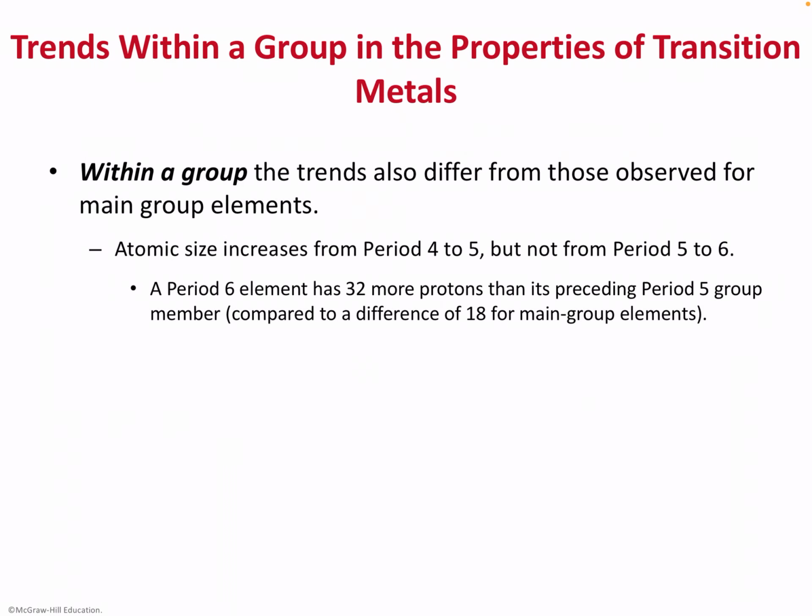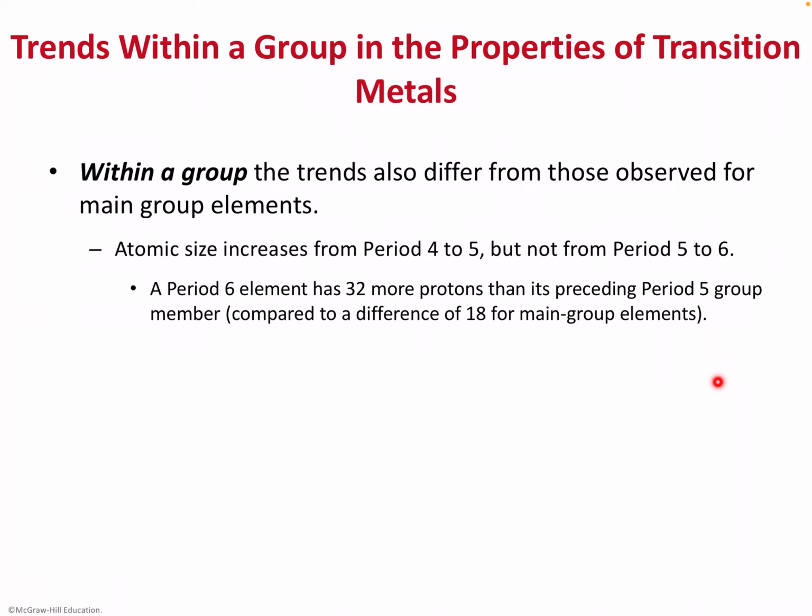Trends within a group in the properties of transition metals. Remember, the groups are the columns in your periodic table. Within a group, the trends also differ from those observed for main group elements. Atomic size increases from period 4 to 5, but not from period 5 to 6.